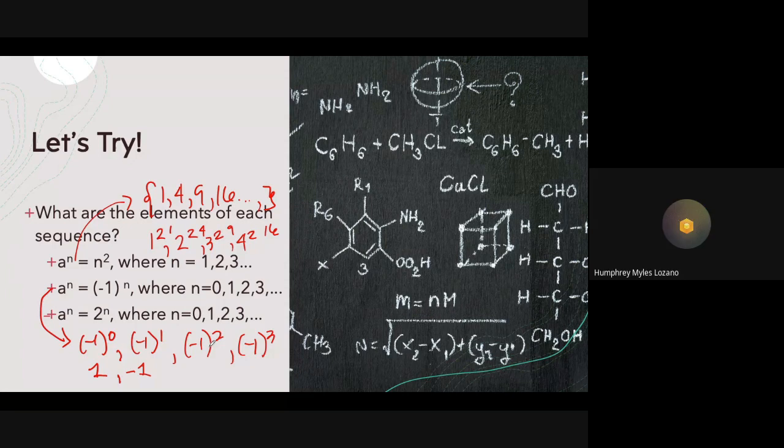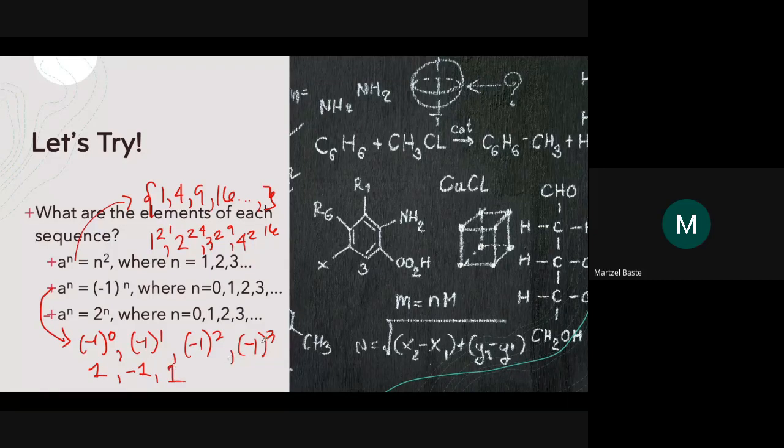Ano ang rule ng mathematics? If both are negative, the number becomes positive. With the same sign, if you multiply the negative number twice, the result will be positive. Positive 1. So this is 1.